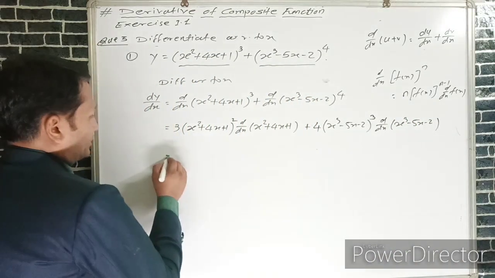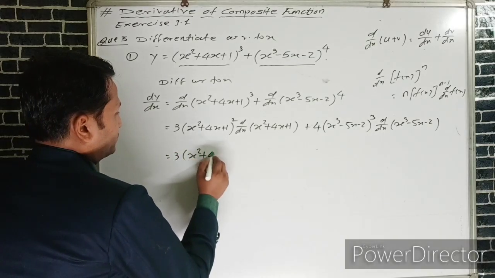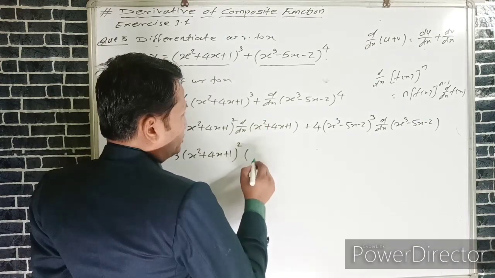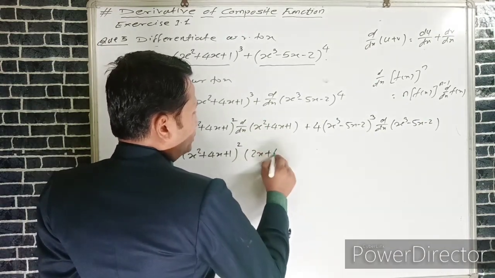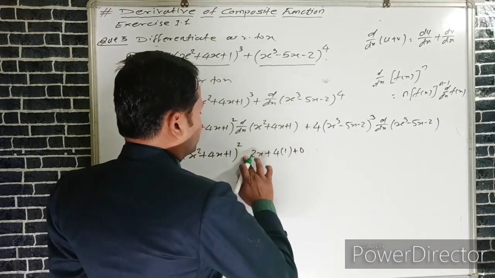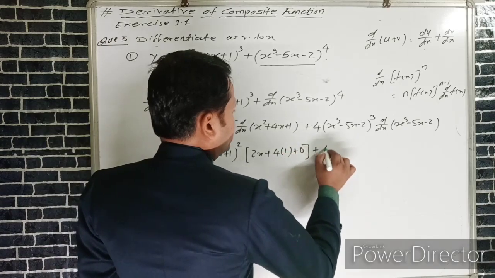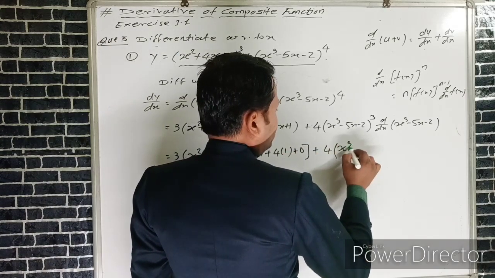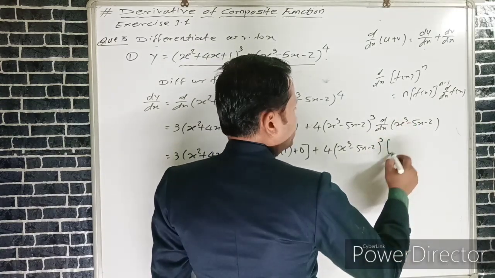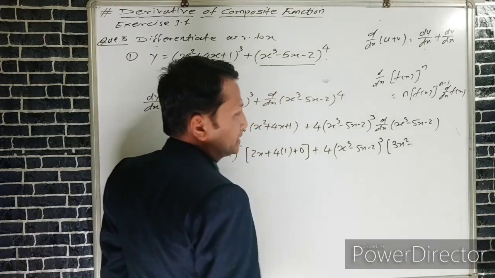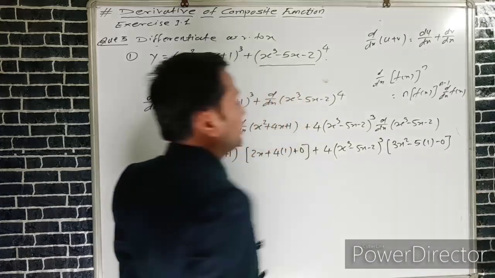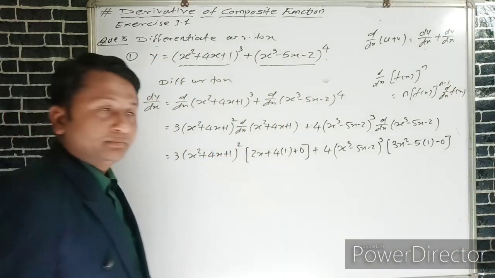Now we can write it: 3 into (x² + 4x + 1) whole raised to the power 2. The derivative of x² is 2x, 4x is 4 since the derivative of x is 1, and the derivative of 1, which is a constant function, is 0. Plus 4 into (x³ − 5x − 2) whole raised to the power 3. The derivative of x³ is 3x², minus 5 into the derivative of x, which is 1, minus the derivative of 2, which is a constant function, is 0.